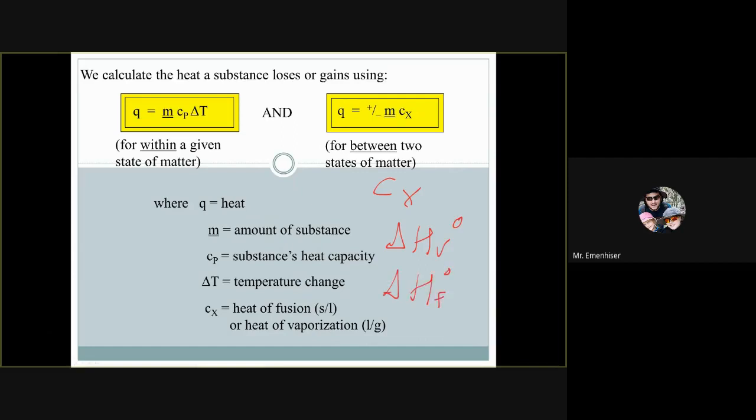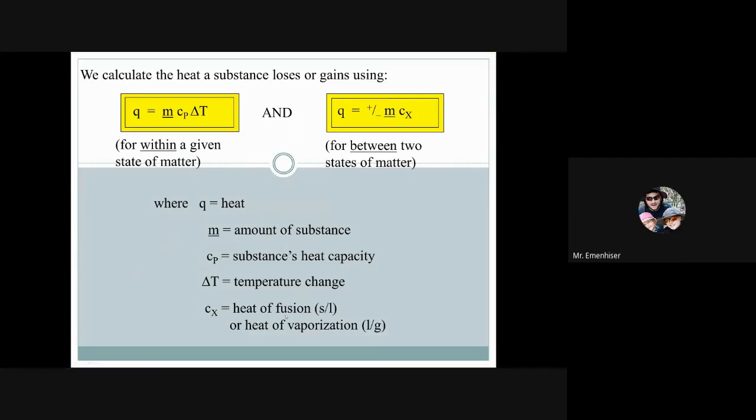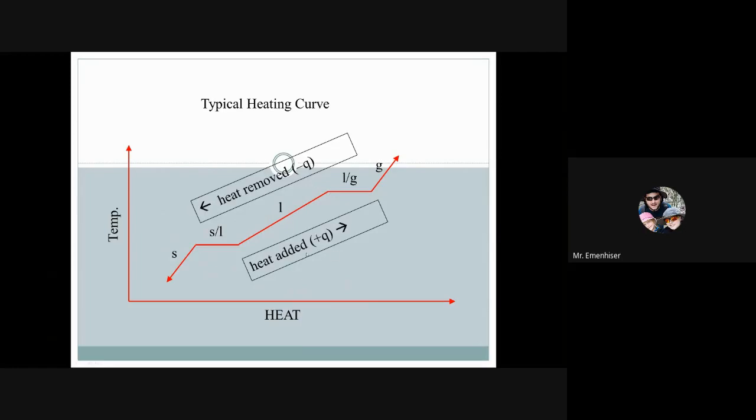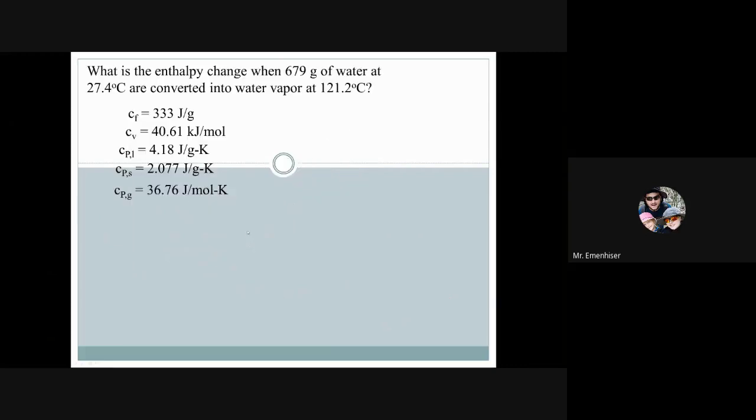Okay, so you're just going to multiply the mass by that delta H. That's all we're doing. Okay, so here's our heating curve. Solid up until here, and then it's turning into a liquid, and then it's a liquid here, then it's turning into a gas, and then it's a gas there. Heat added, endothermic; heat removed, heat released, exothermic.